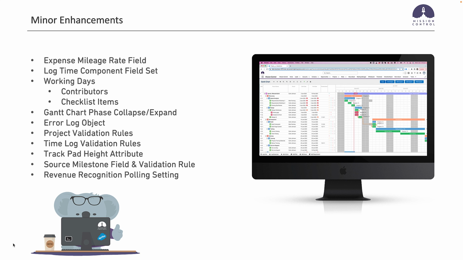So rather than having to log the time and then navigate to the case record to change that status, I can actually add that field to my log time component field set, and that will display the status of the case in that component, and it'll allow me to update that if I relate the time log to that case. So really just aiming at making people more efficient and not having to go to multiple pages to perform actions that can all be done in the one place.